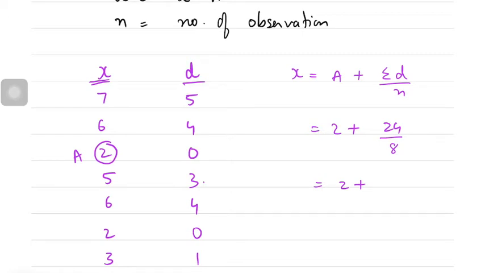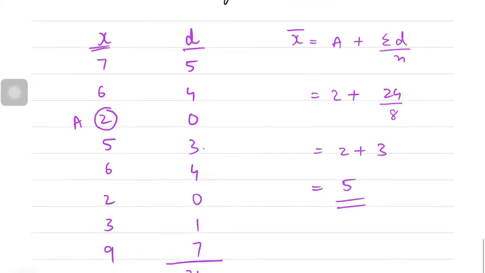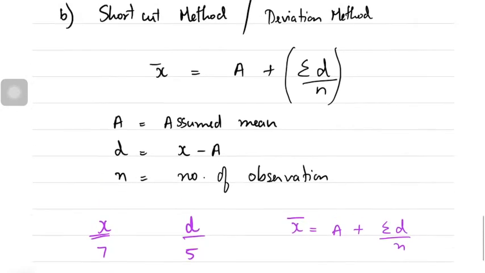So 2 plus 24 divided by 8. 24 divided by 8 is 3. So 2 plus 3 is 5. So x bar is equal to 5. So arithmetic mean is 5.